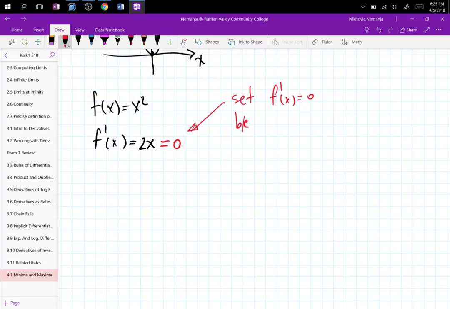Because f prime of c is equal to m, and we need horizontal tangency, right?